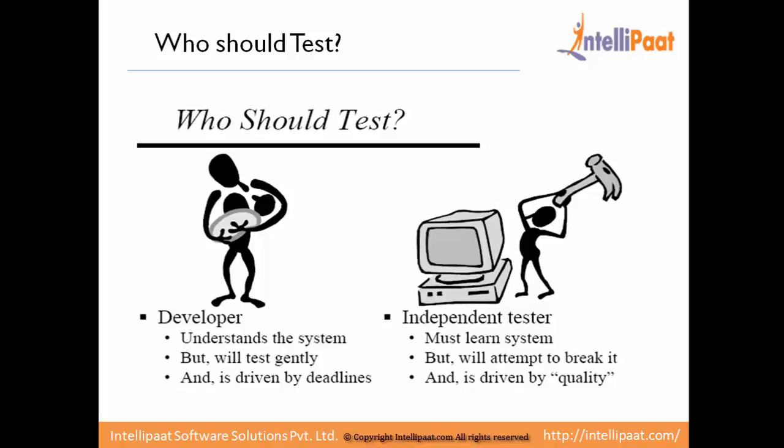So the developer is always focusing on what is usable, whereas the tester is always focusing on what is unusable. And also the developer is focused on the deadlines. The developer wants to finish the testing as soon as possible so that they can release the application, and they have a certain deadline to be met.